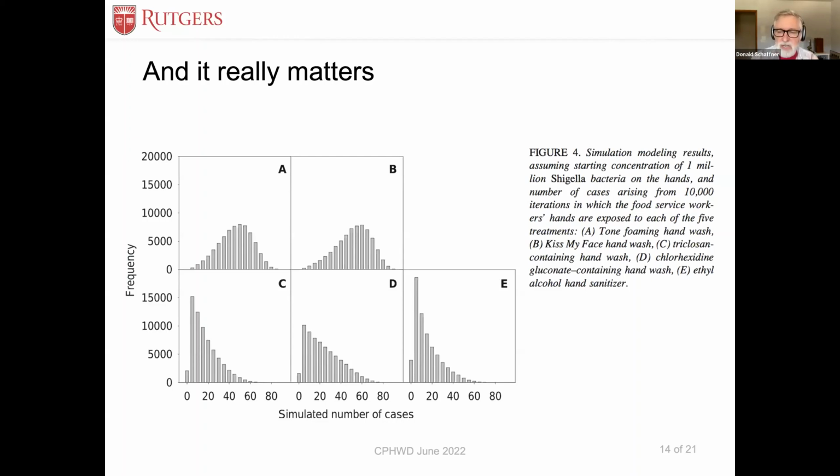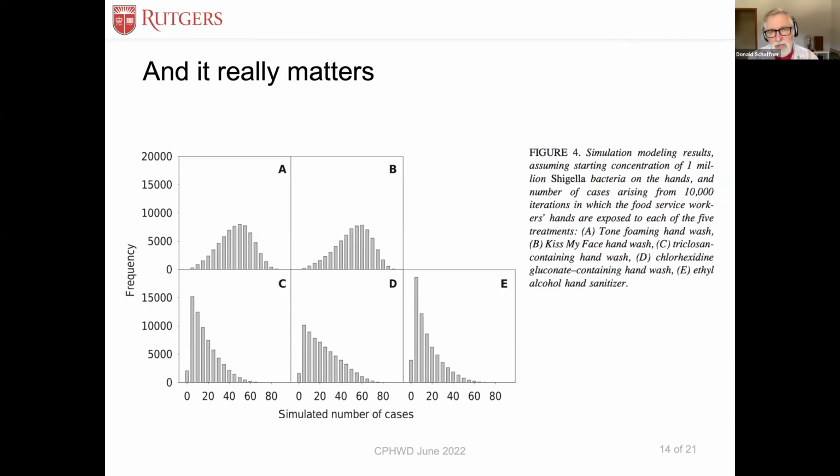T stands for tone. What you can see here, the 2 non-antibacterial soaps are shown on the top, and the 3 antibacterial treatments are shown on the bottom. The y-axis is again frequency, so yet another frequency plot. The x-axis is the simulated number of cases out of 100.